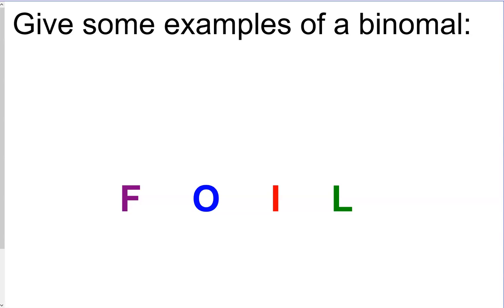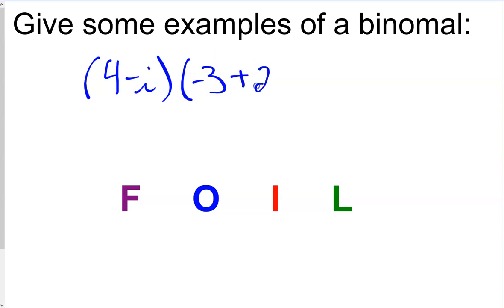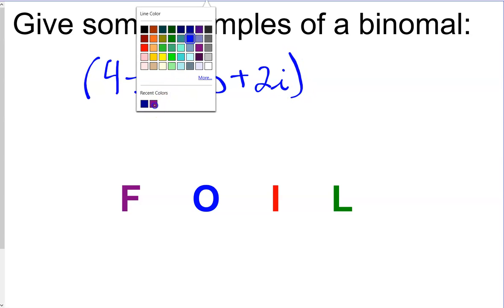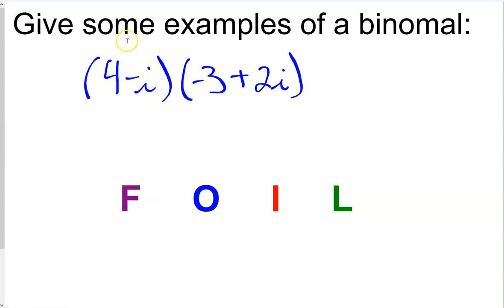Let's make up an example. So I'm just going to make something up. Let's do 4 minus i times, let's do -3 plus 2i. I just made that up. Let's try this one together. All right, so first is going to be 4 times negative 3.